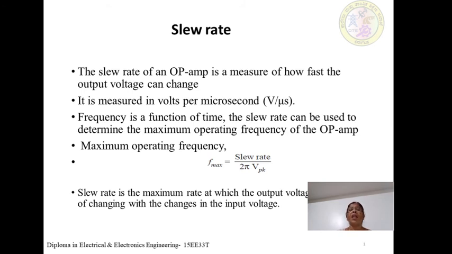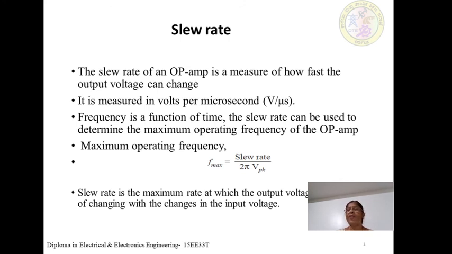How fast the voltage is magnified and given to the load, that is spelled by the slew rate. Slew rate will have a unit, measured in voltage per microsecond. How much would be the voltage for 1 microsecond, 2 microseconds, etc. So it is always measured in volts per microsecond.